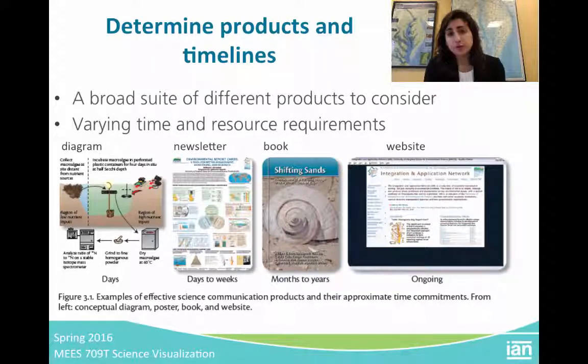Depends how long the newsletter is, but usually 4 to 6 to 8 pages. It takes days to weeks to create a good newsletter that's going to be effective. I would say the same for a poster. Books. I do not recommend doing books unless you're really invested, as they can take months to years to produce and can be very time consuming and difficult.